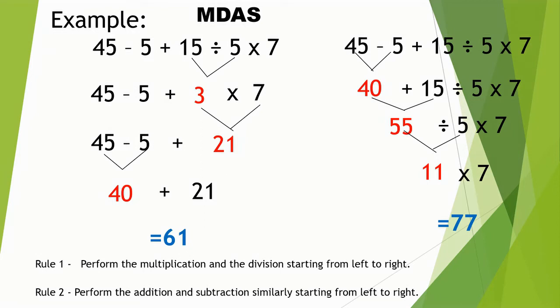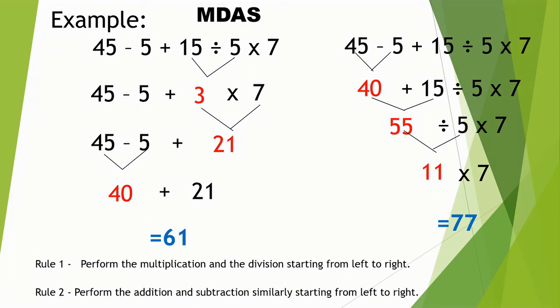So, ang unang sagot na 61, yan yung tamang steps, yan yung tamang sagot. Kaysa yung ikalawang sagot na 77, yan ay mali. Bakit mali? Kasi hindi niya sinunod yung rules ng MDAS. Kung ano lang yung nagustuhan niyang isagot na alam niyang madali para sa kanya, yun ang ginawa na mali naman. So, kapag mag-solve tayo ng MDAS, kailangan sundin natin yung dalawang rules.